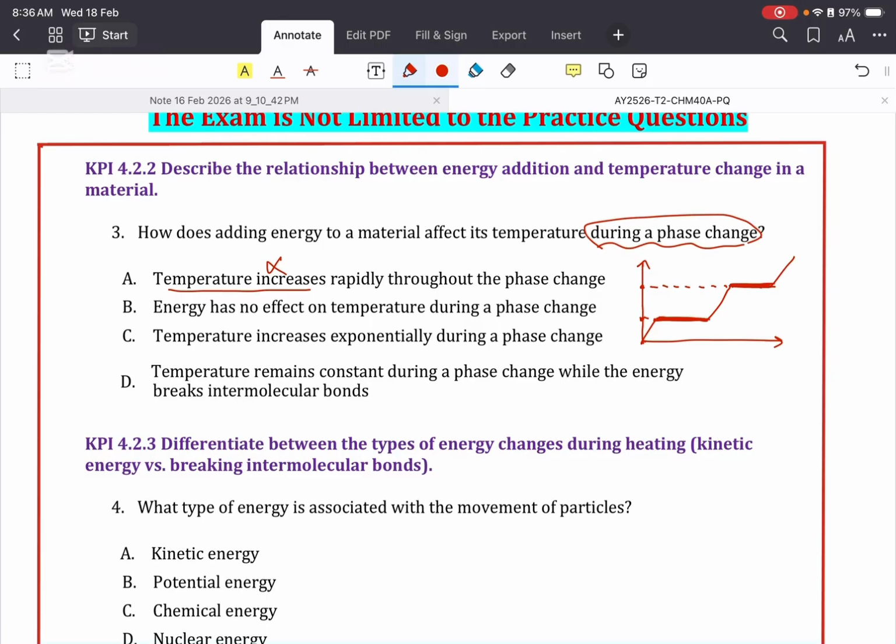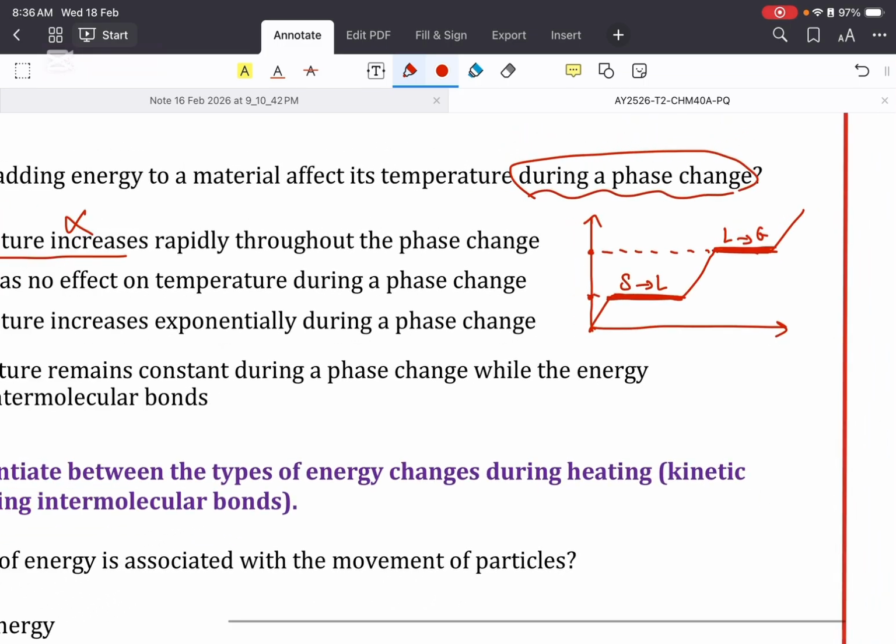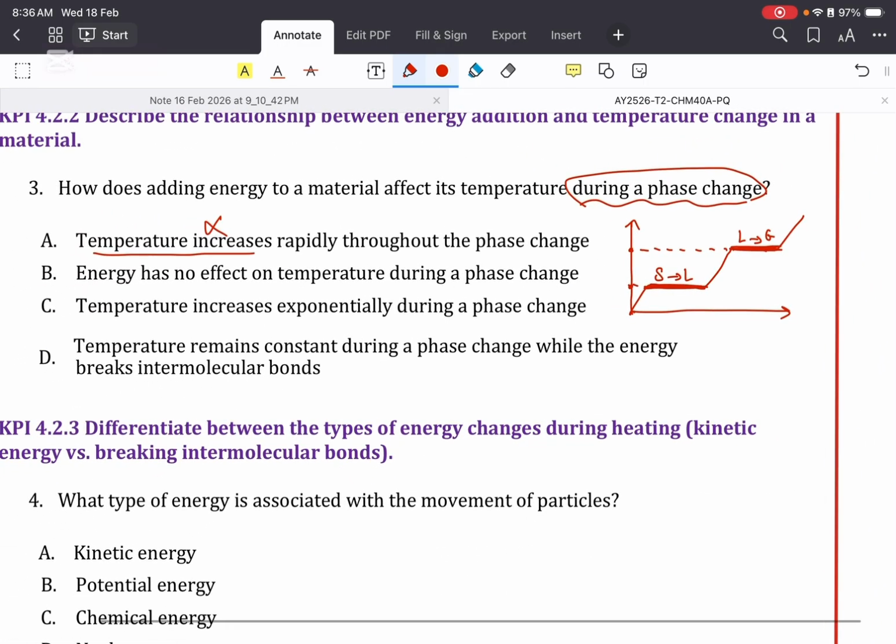So here is the phase change happening. This is the transition from solid to liquid while the process is happening, and this is the process happening while the substance changes from liquid to gas. So during those changes, the temperature does not change. Definitely, it's the energy working at that point.